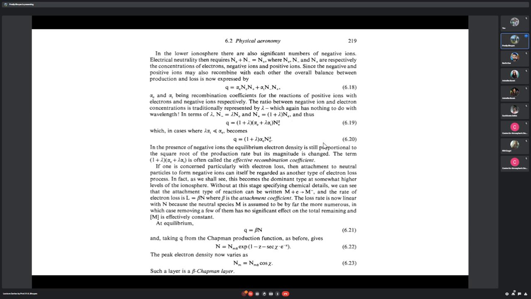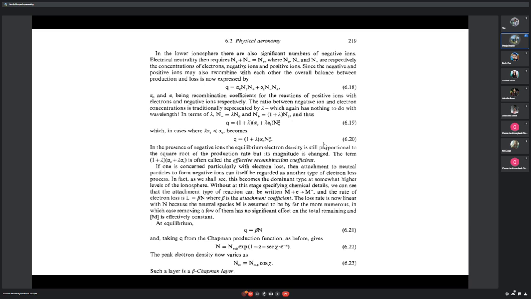And so you can see here that the equation number is 18. Q, the production, is equal to alpha E, which means recombination of electrons, Ne is the total number of electrons, N plus is the total number of ions, plus alpha I, the recombination coefficient for ions, and N minus and N plus.